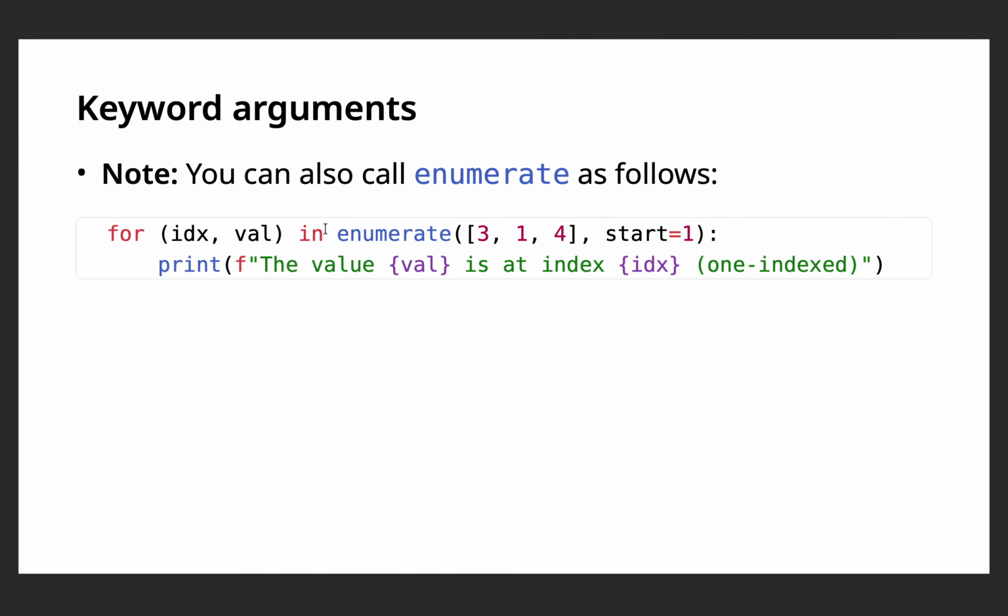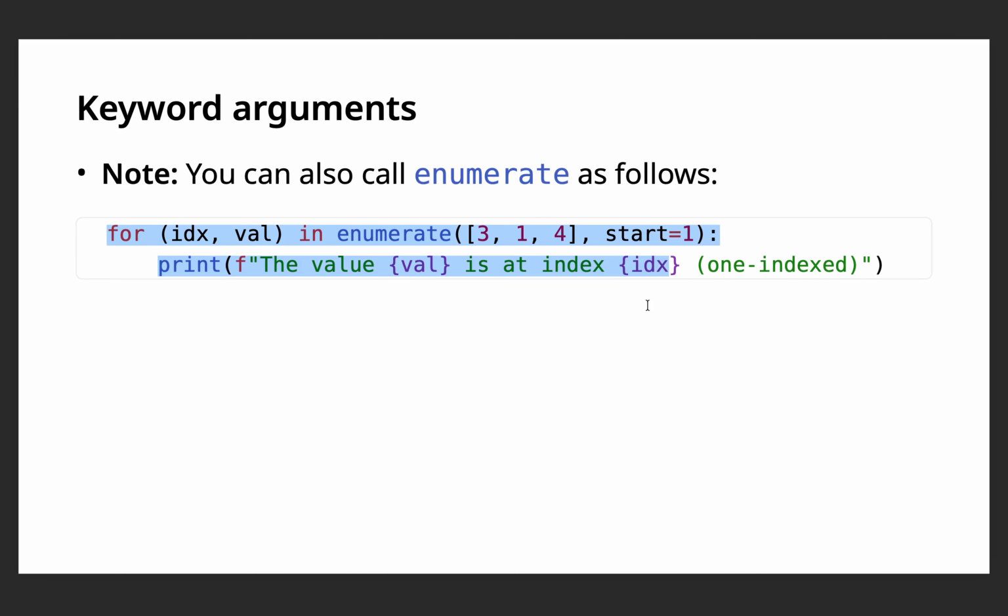Okay, so back to the enumerate function. The way enumerate actually works is that its second argument actually has a default value of 0. The second argument is start, and we can explicitly indicate what we want that value of start to be. So if we want the starting index to be 1, we can set start is equal to 1 after passing in the sequence over here.